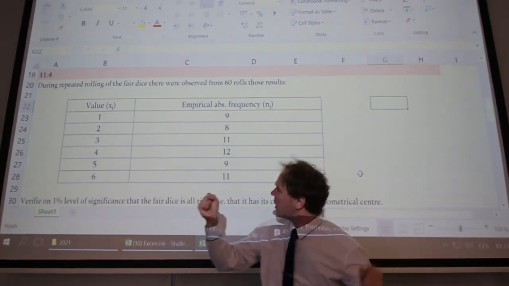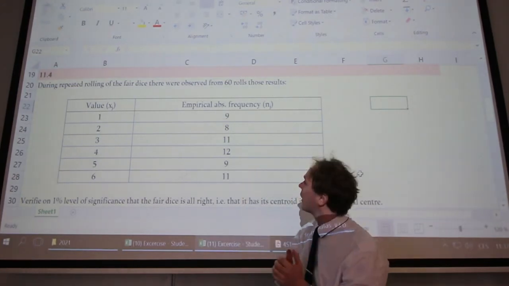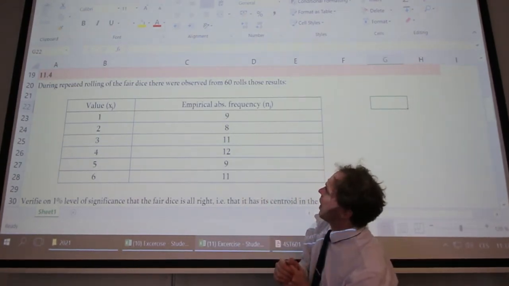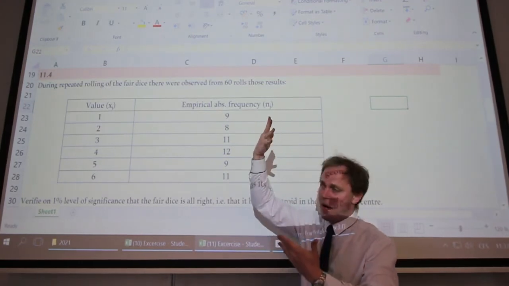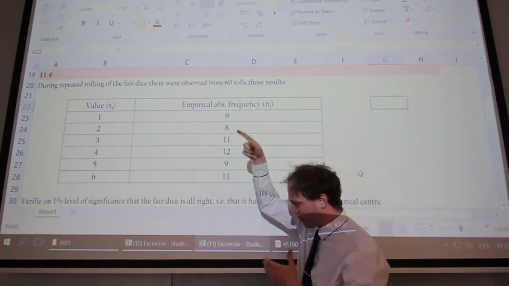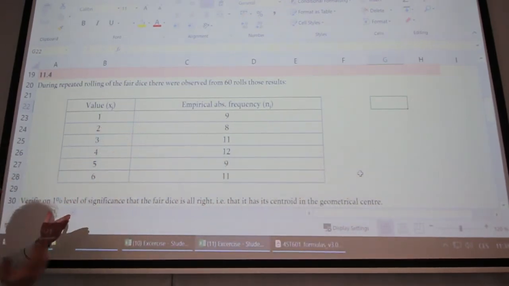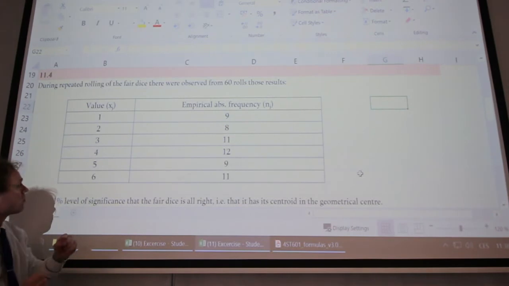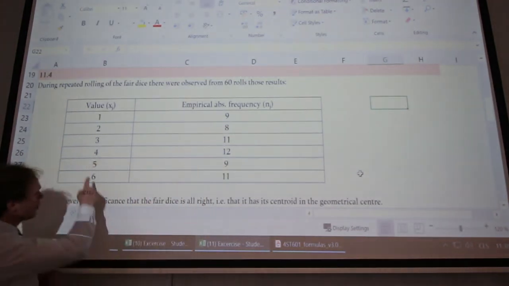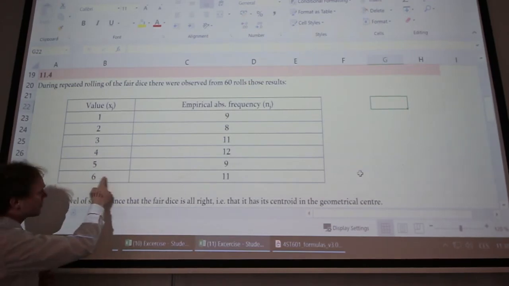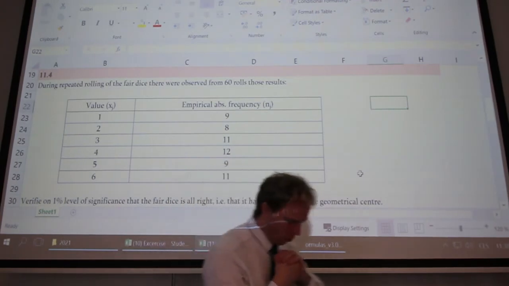Theoretically, if the dice is alright, with 60 rolls I expect to see value 1 ten times, value 2 ten times, and so on up to value 6 ten times.